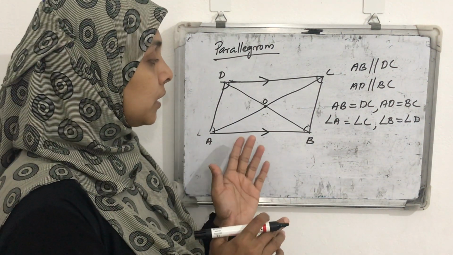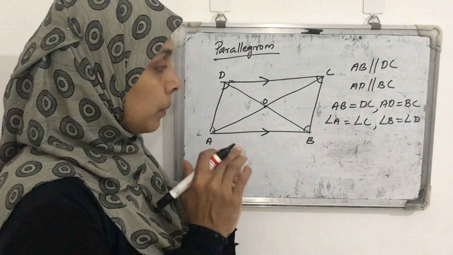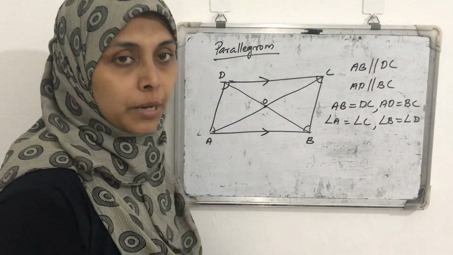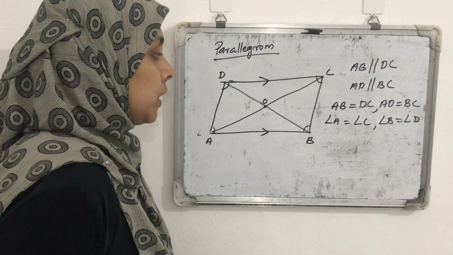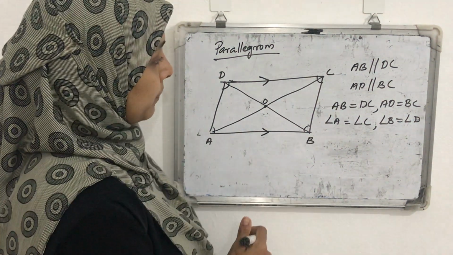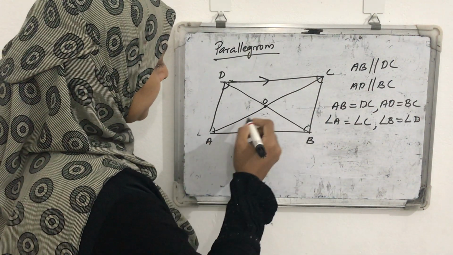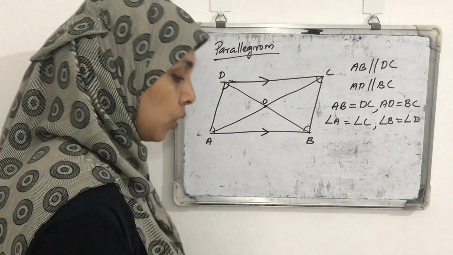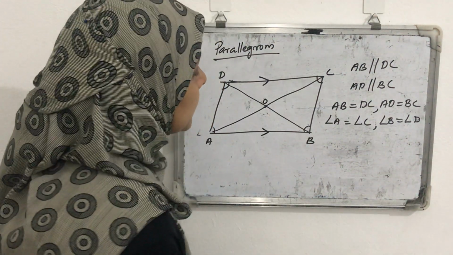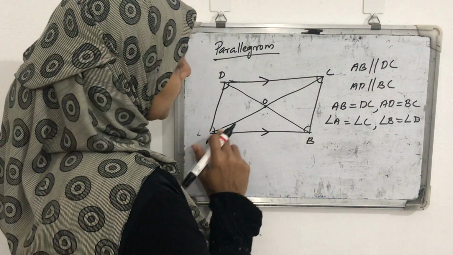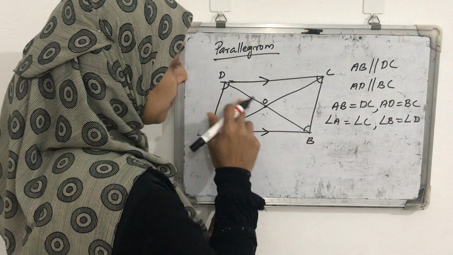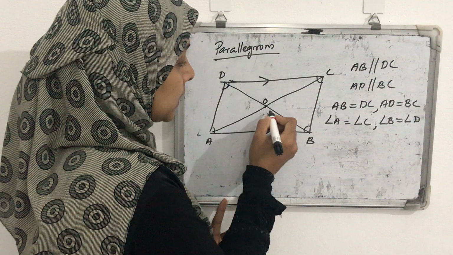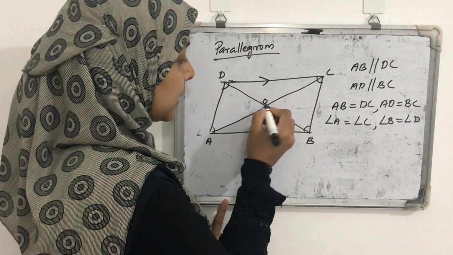These are very important properties of different types of quadrilaterals. The main one is the parallelogram. If you know the parallelogram properties, then it will be very easy for the remaining quadrilaterals also. Next, what about the diagonals? These two diagonals meet at the point O. The diagonals of the parallelogram intersect at O and bisect each other.